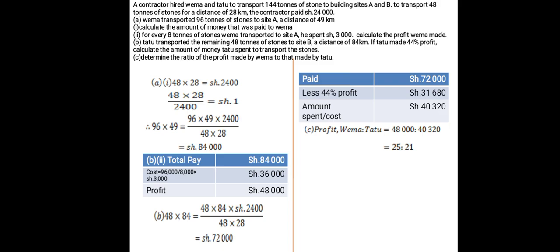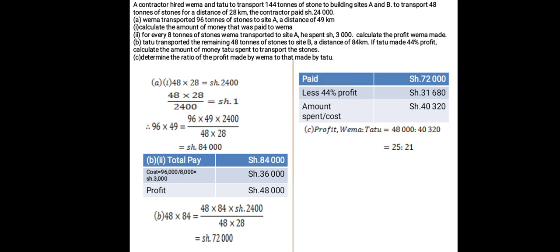Now, part A2, total pay. I wrote part B1, just ignore that. Wema got 84,000 shillings. Now, the cost of transporting, you have been told for every 8 tons, he paid 3,000 shillings.